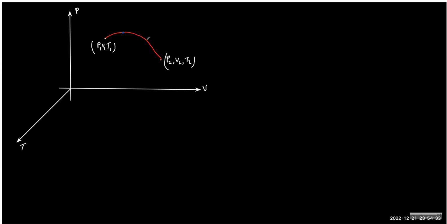Now, it is not necessary that at every point the system is maintaining thermodynamic equilibrium. What I'm saying is, while going from this equilibrium state to this equilibrium state, it is not necessary that you maintain thermodynamic equilibrium at every intermediate position. Understood what I'm saying?